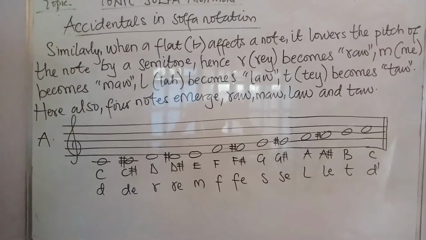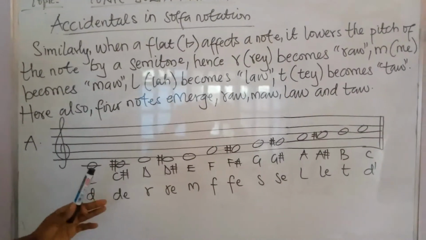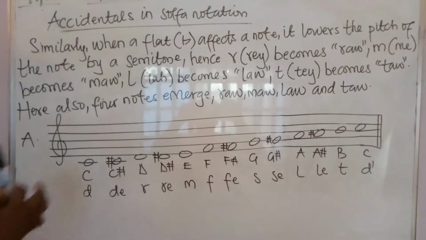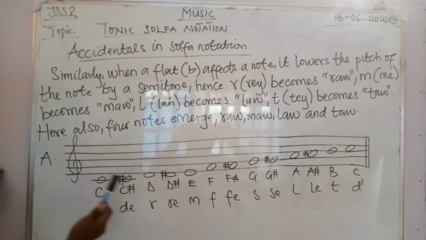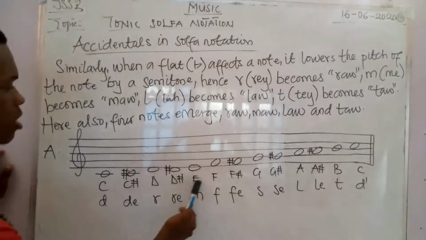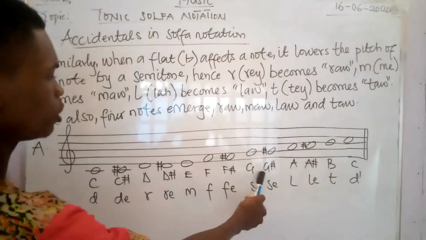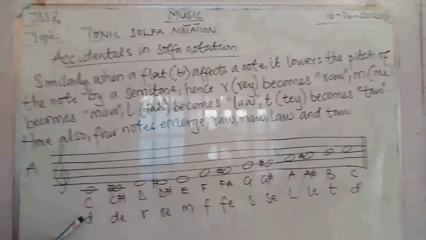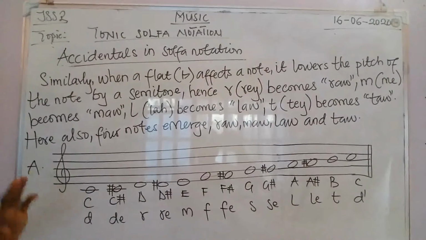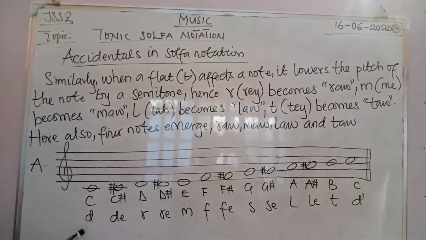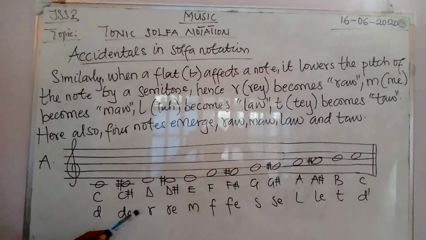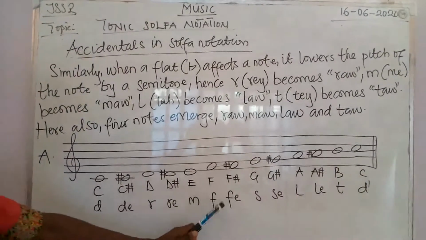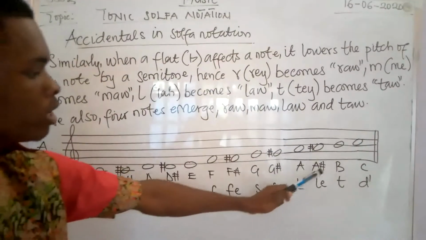So here on the staff we want to illustrate. We have staff notes: C, C sharp, D, D sharp, E, F, F sharp, G, G sharp, A sharp, B, and C. And here also in the tonic sol-fa version we have Do. Remember, sharp increases, so we have Do, Di, Re, Ri, Mi, Fa, Fi, Sol, Si, La, Ti, Do.